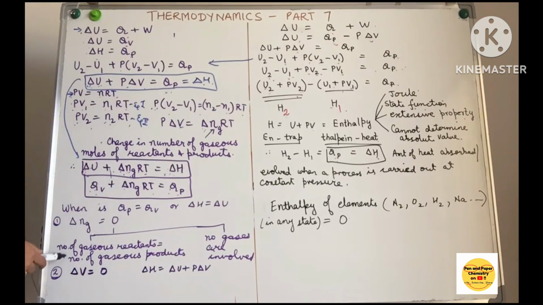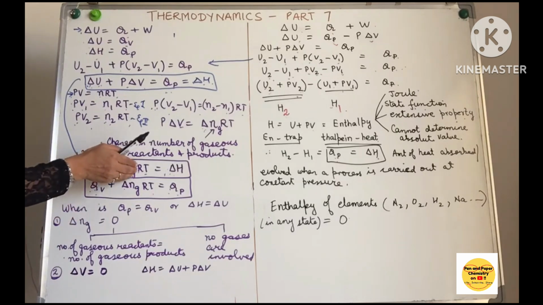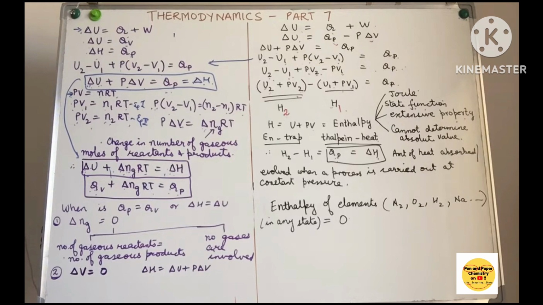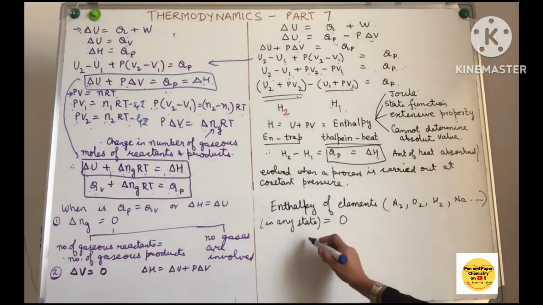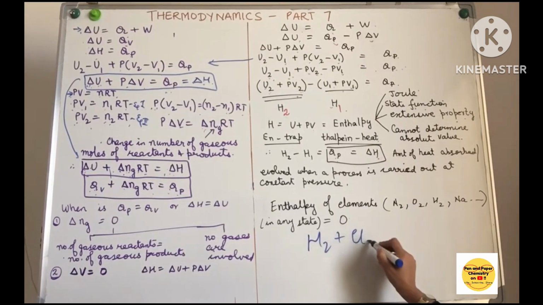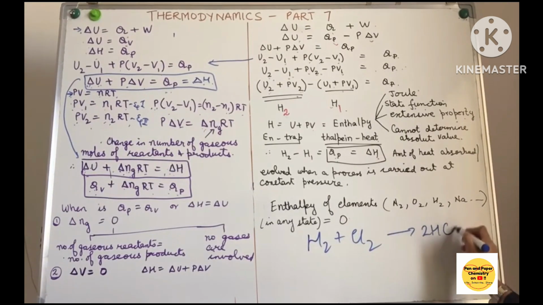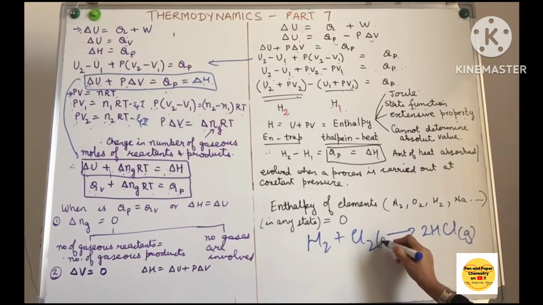When can this delta ng be 0? Two possibilities. One is, of course, you don't have any gaseous reactants during the course of the reaction. There are no gases involved. The second possibility is when the number of gaseous reactants is equal to the number of gaseous products. For example, let us say I'm talking about a reaction H2 plus Cl2 gives me 2HCl. Now all these reactants are gases.